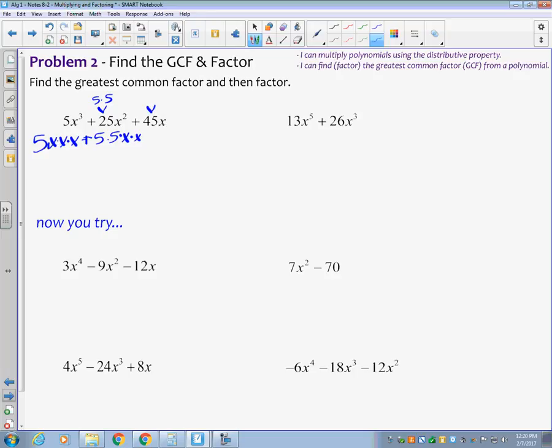And 45 breaks up into 9 times 5, but also 3 times 3, so it's 3 times 3 times 5 times x. You just want to break it up into the prime numbers.